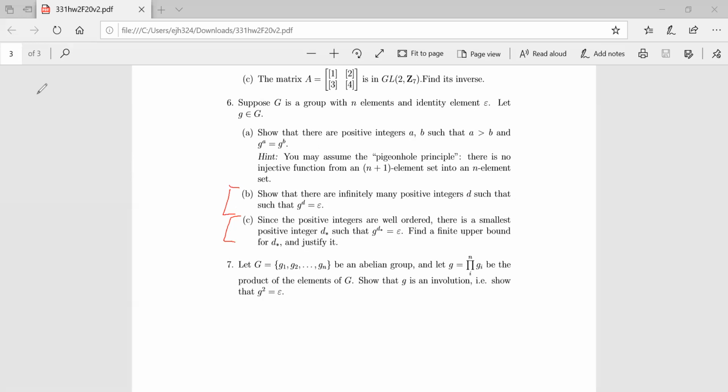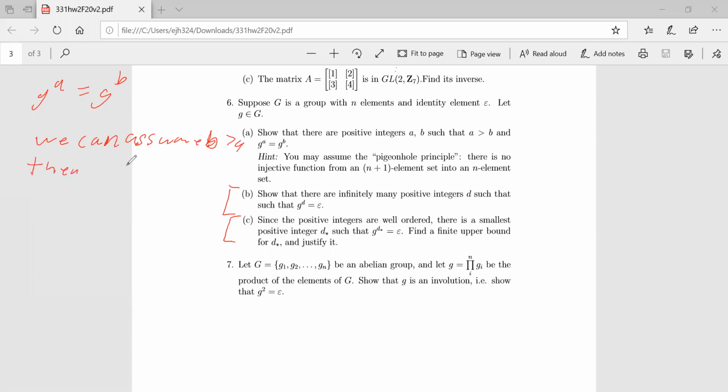Show that there are infinitely many positive integers d such that g^d is equal to epsilon. So we have g^a is equal to g^b, and we can assume b is greater than a, right?